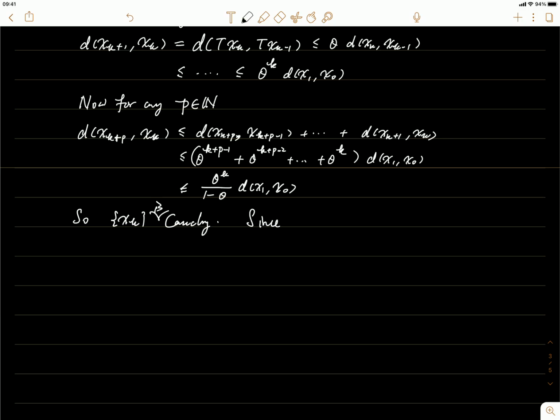And since this X is complete, now you can see why we need completeness. Only if it's complete can I say that the sequence is convergent.